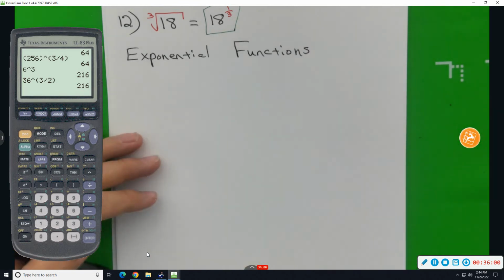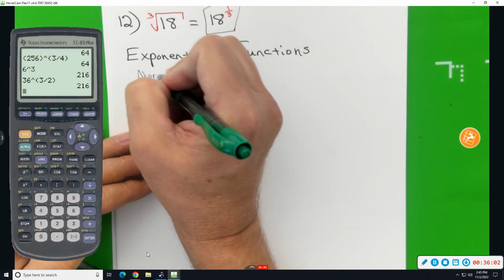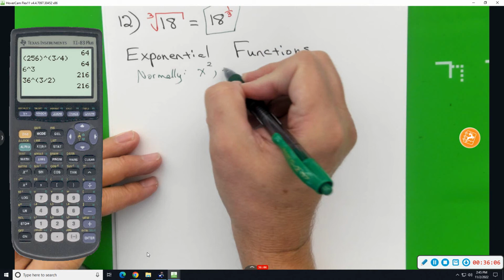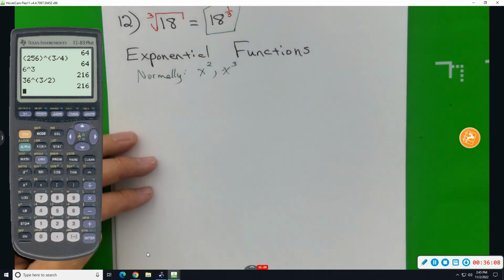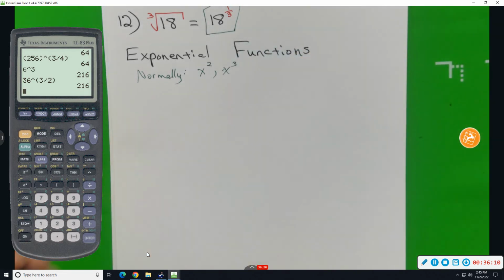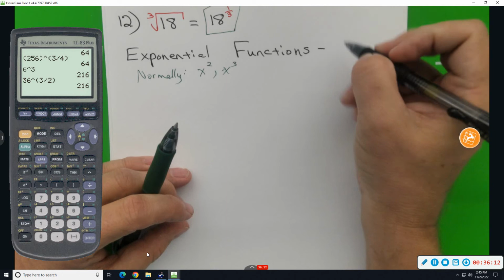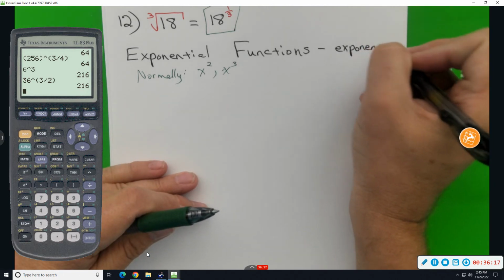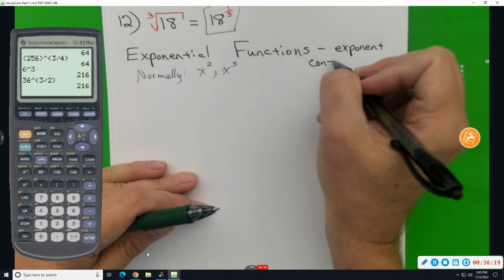Normally, here's what we've been seeing, right? Normally, we see things like x squared and x cubed, right? With an exponential function, it's a function where the exponent contains the variable.